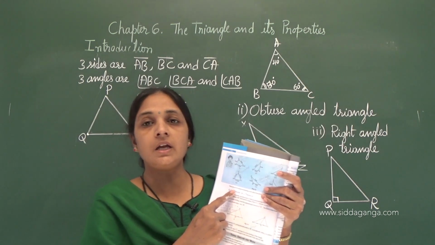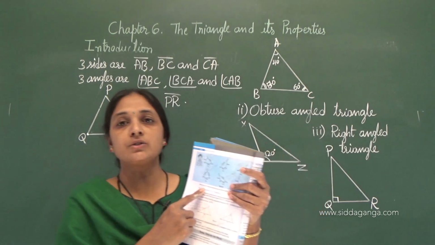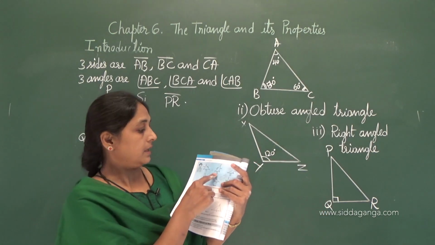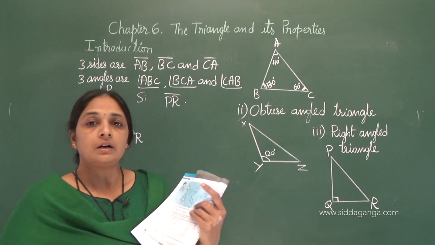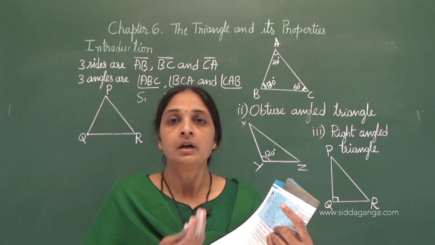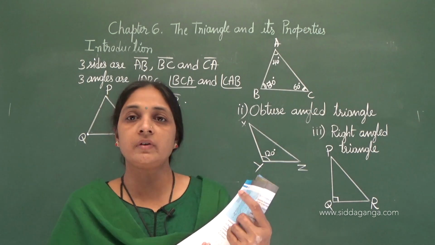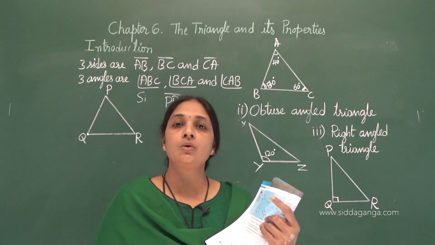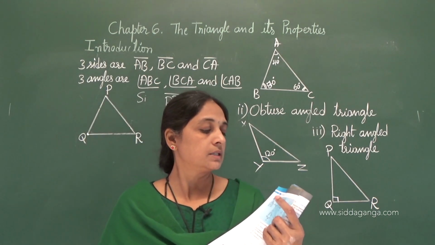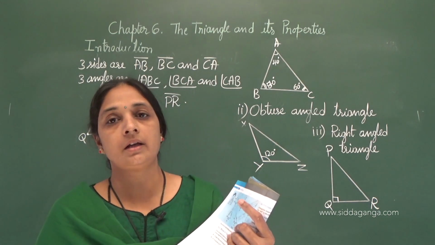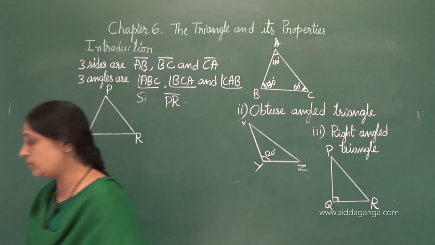Then what can we say? This is an isosceles triangle. Then the second one: based on sides we can tell, and based on angle also we can tell. By mixing those two, we can say right angled scalene triangle.